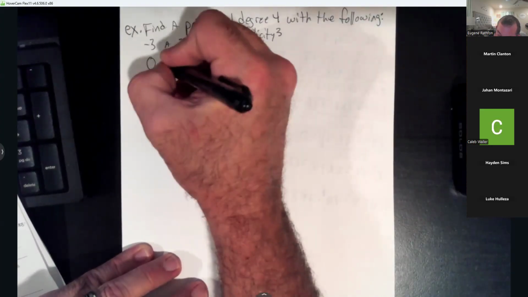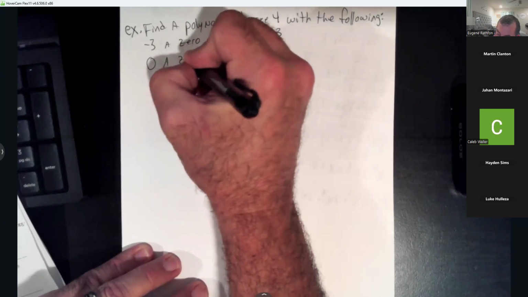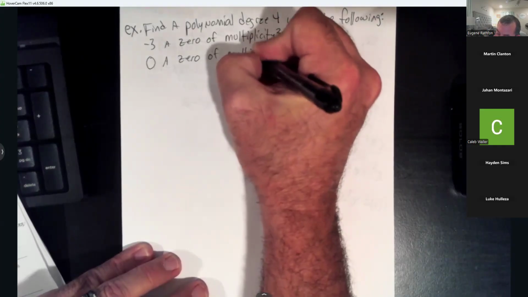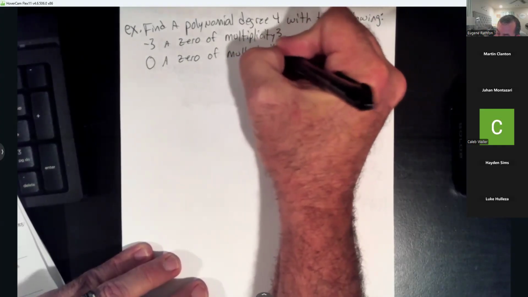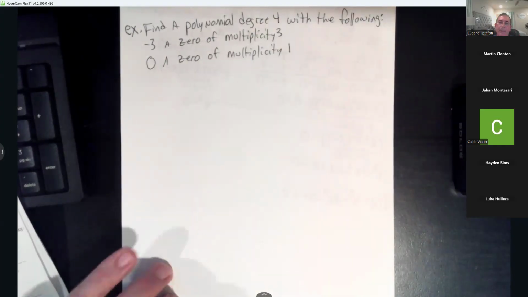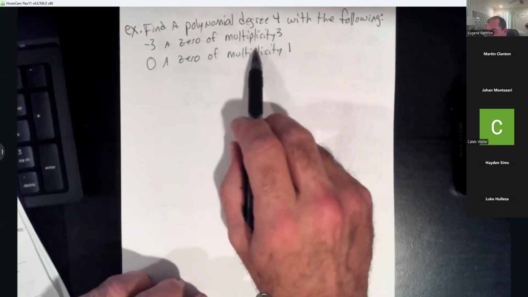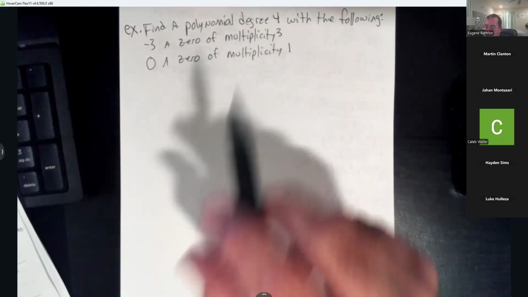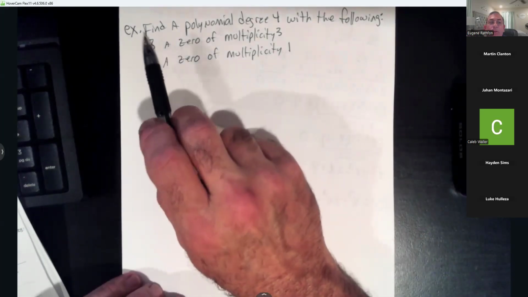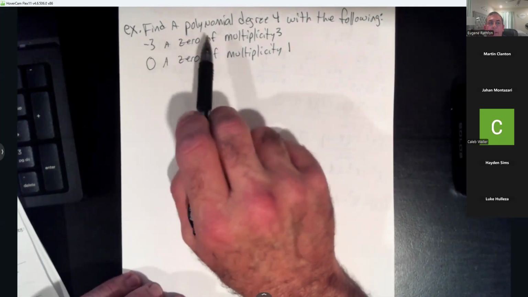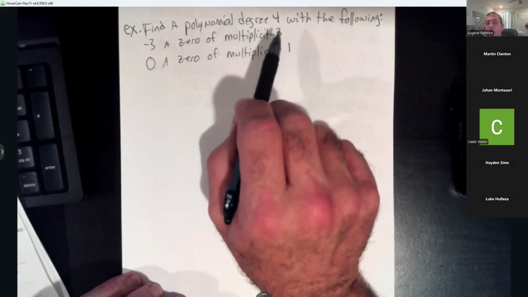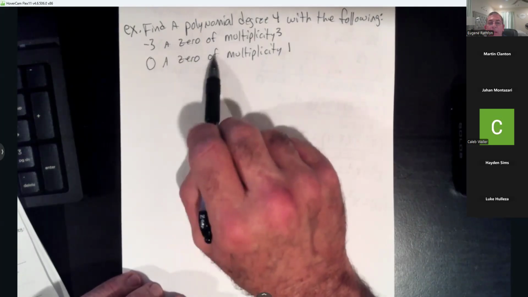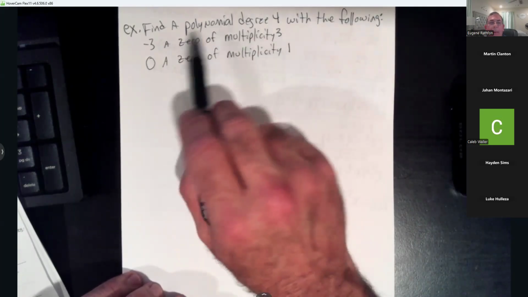Zero is a 0 of multiplicity 1. So y'all remember, this multiplicity, that's telling you how many times these zeros are occurring. So this negative 3 is a 0 3 times. And then 0 is a 0 1 time.